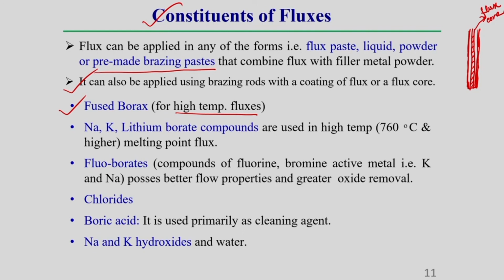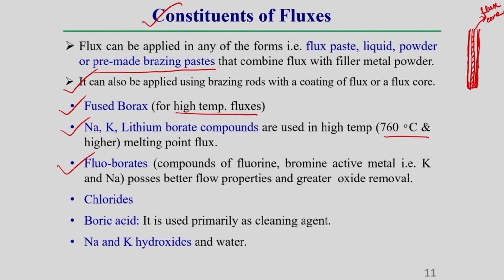Okay. Then there can be constituents such as sodium, potassium, lithium borate type of compounds. These compounds are also used for high temperature. High temperature means where the temperature is 760 degree centigrade and above, there generally these compounds are used. This flux constituent can be fluoroborate.